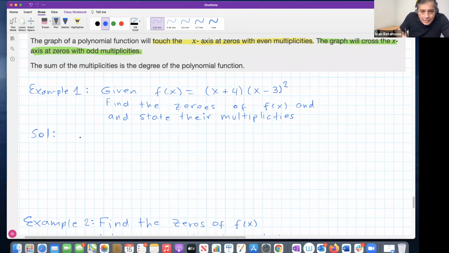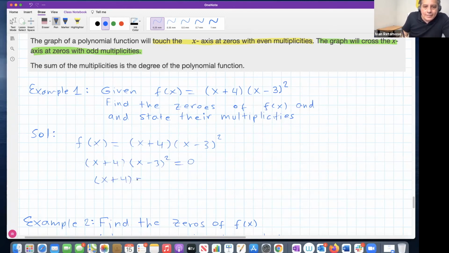Now, so f of x equals x plus 4 times x minus 3 squared, right? I have the polynomial function factored, so I just go straight to the second step. Well, the first step says this, right? Set this equal to 0. But the second step says just set each factor containing the variable equal to 0. So we've got to set these two equal to 0.